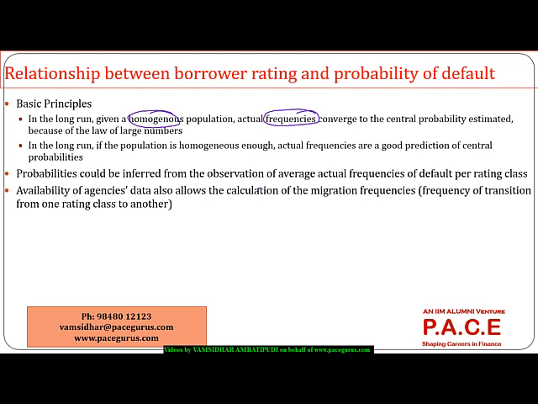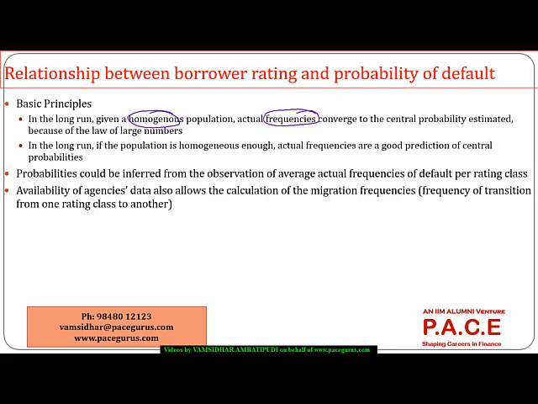So all these are typically treated as homogeneous, and based on this level of homogeneity, we are trying to match within these number of homogeneous firms what is the frequency of the firms that have typically defaulted.